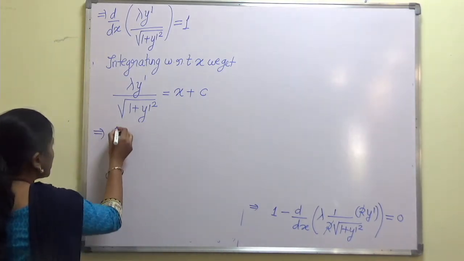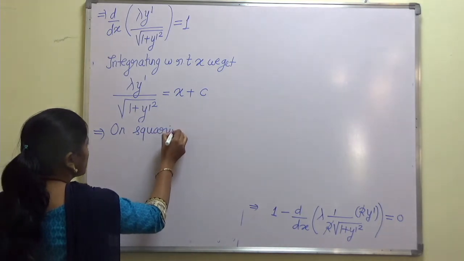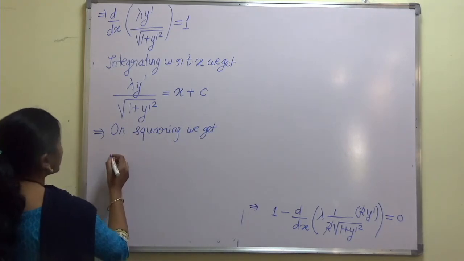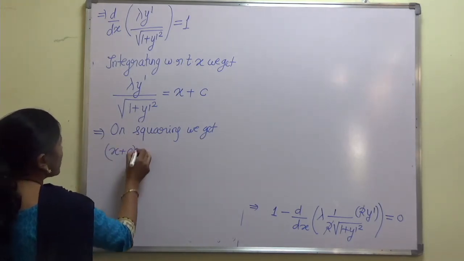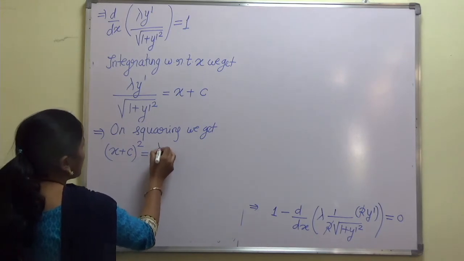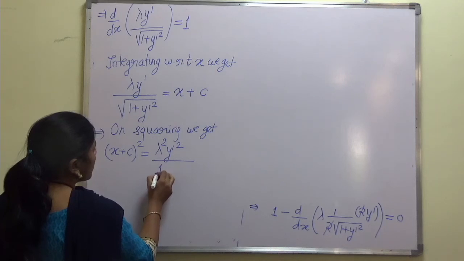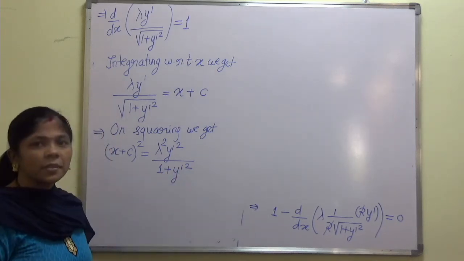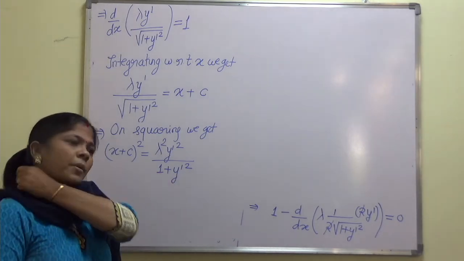On squaring we get x plus c whole square equal to lambda square y dash square upon 1 plus y dash square. Now we observe that we have two terms added in the denominator.